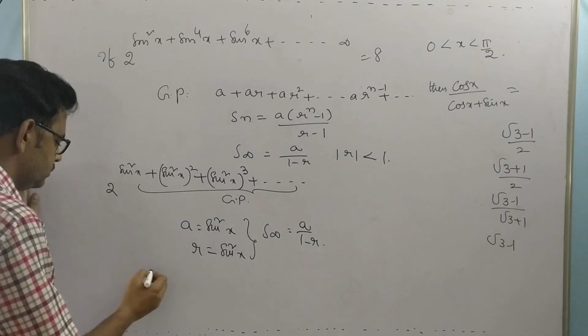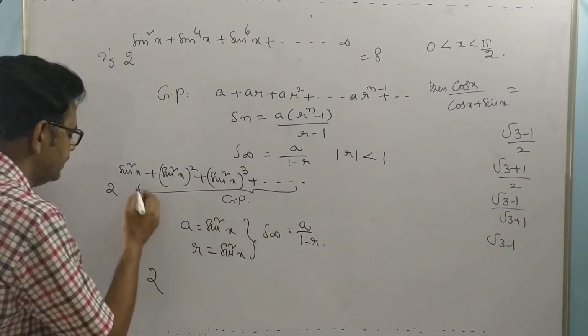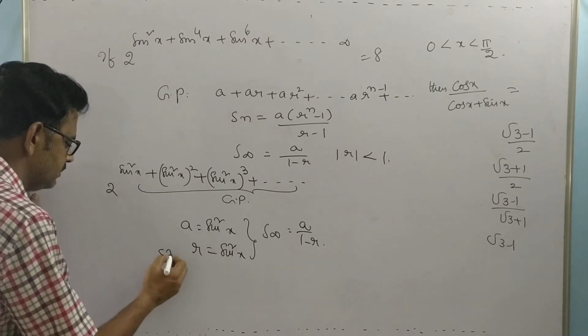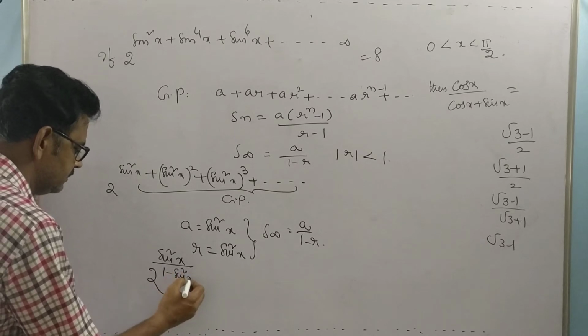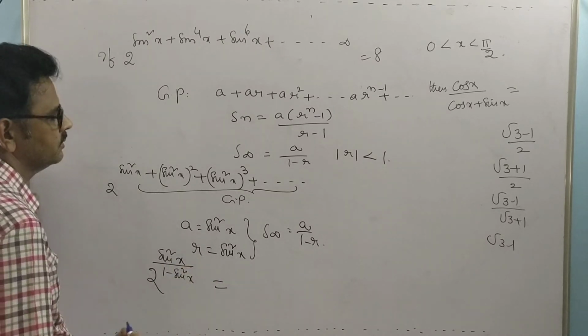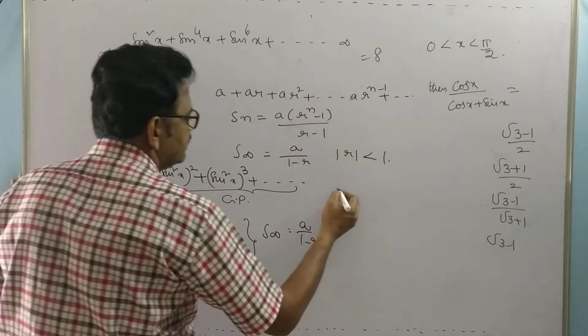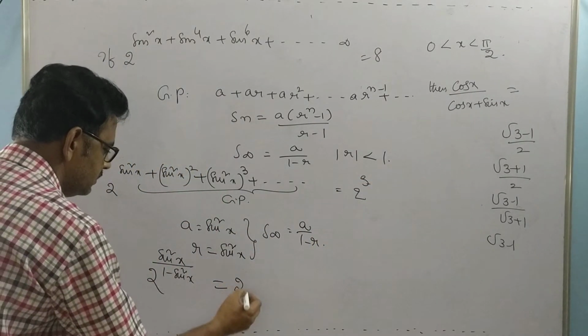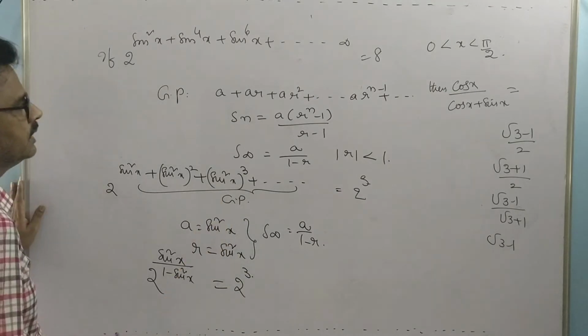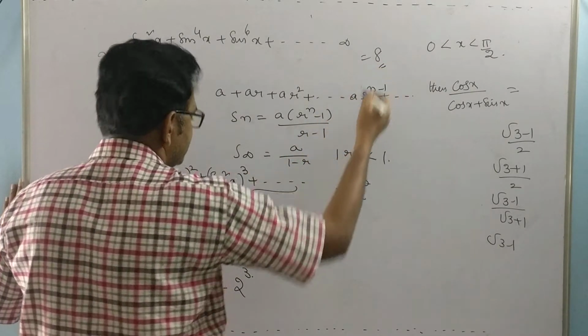So 2 power S infinity, A is the first term sin square x, by 1 minus R, where R is sin square x. This is given as 8, which can be written as 2 cube.